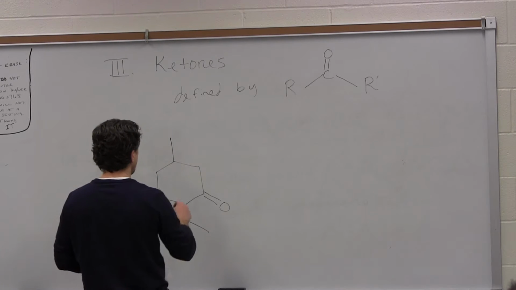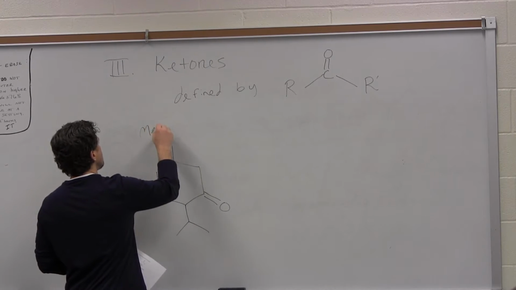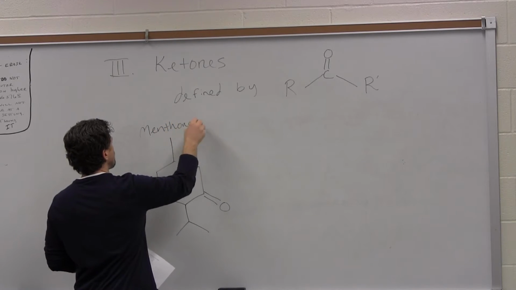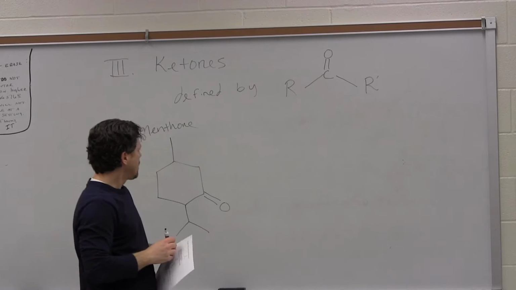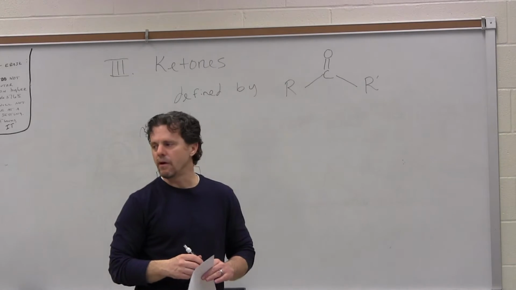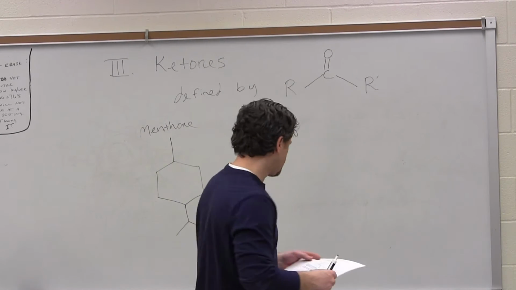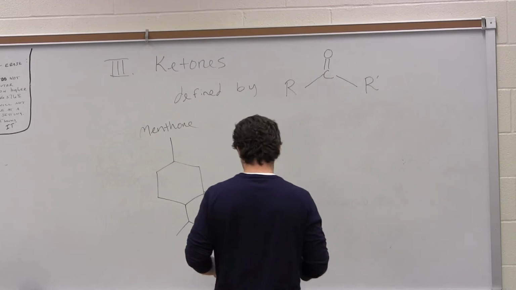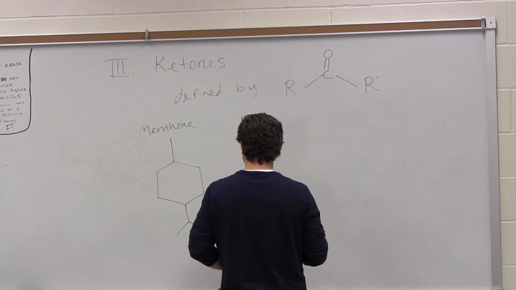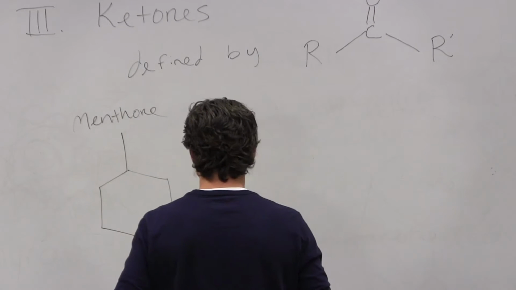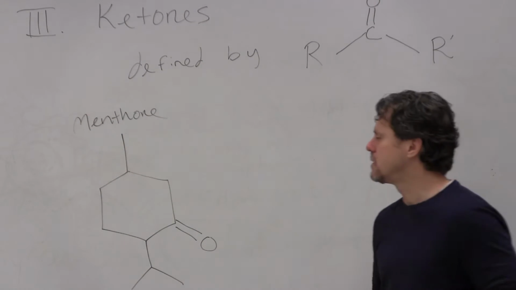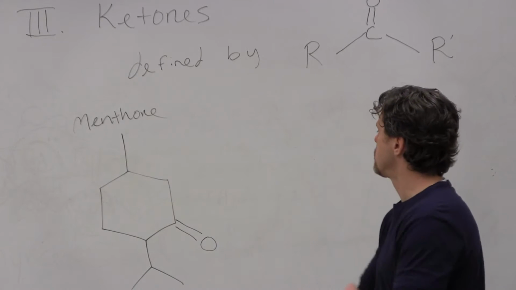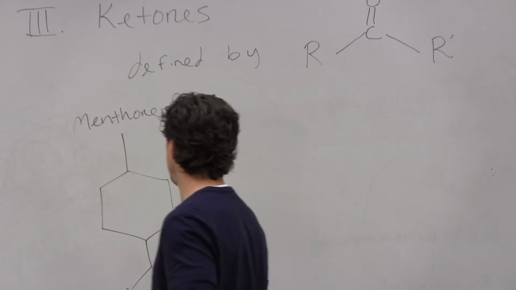So this one's called menthone, which is obviously the oxidized form of menthol, right? And there are some other isomers. You can have isomenthone and things like that, but this is the main one that you encounter.